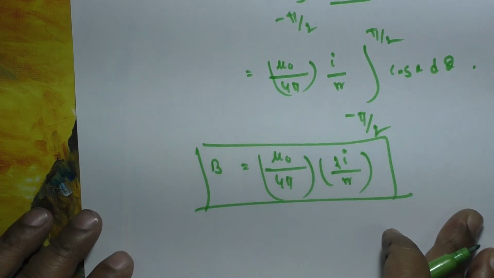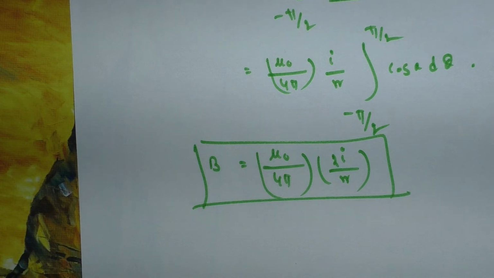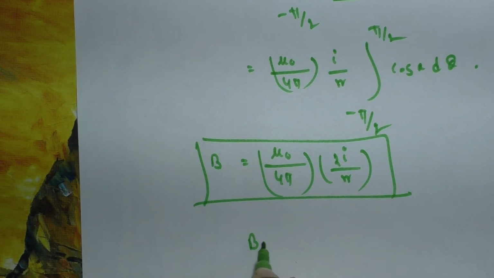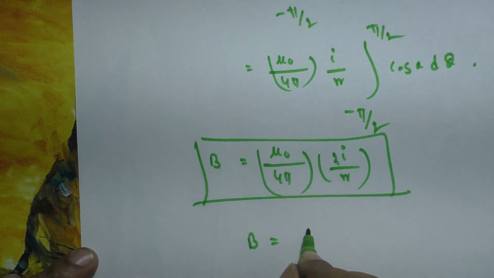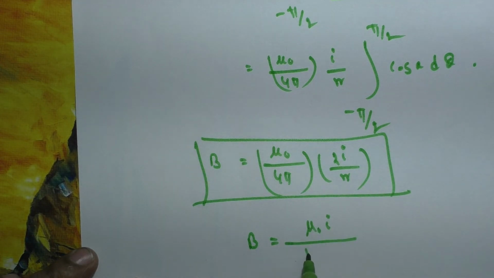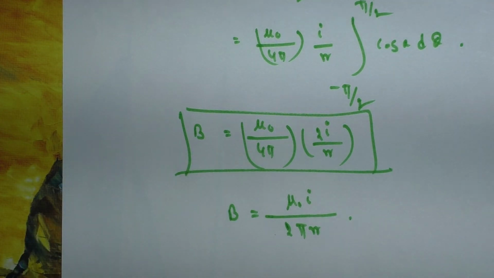So this is expression of magnetic field due to infinitely long straight conductor, and we can also write B equal to mu 0 I by 2 pi r. This is another form of magnetic field due to infinitely long straight conductor.